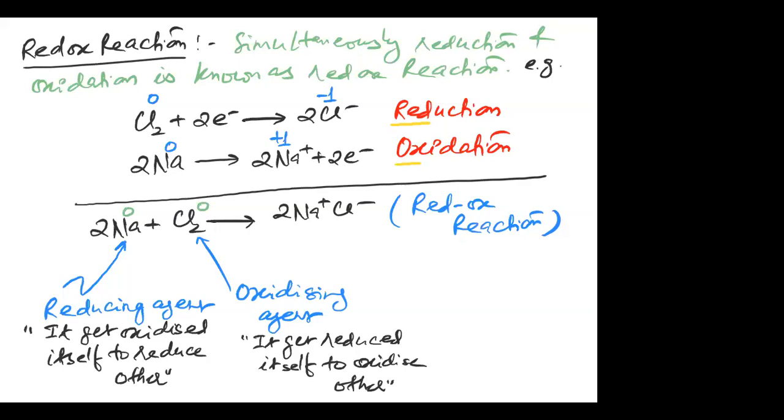Apart from the definition of redox reaction, the next thing is you can see a few more examples of another type of redox reaction known as disproportionation. It is a disproportionate reaction.